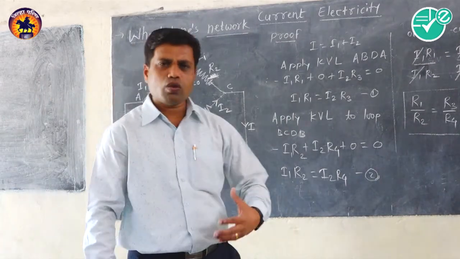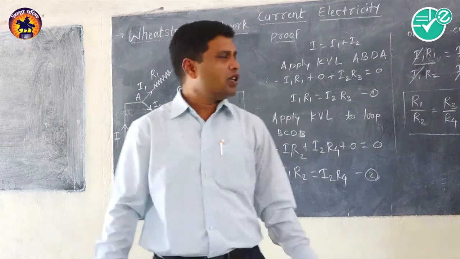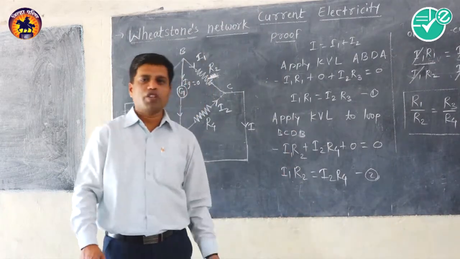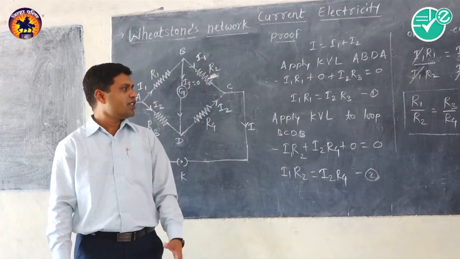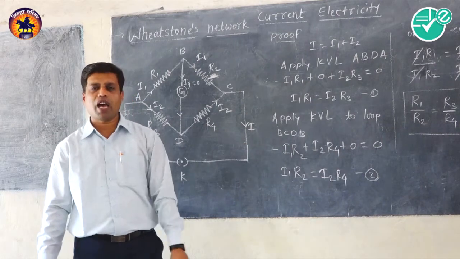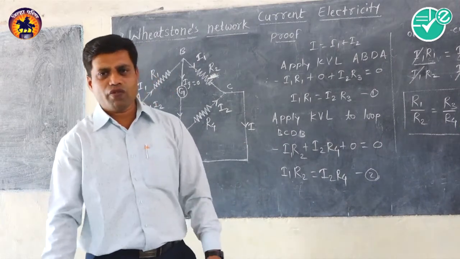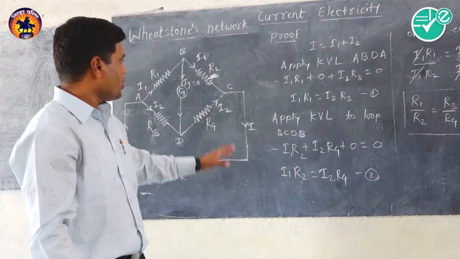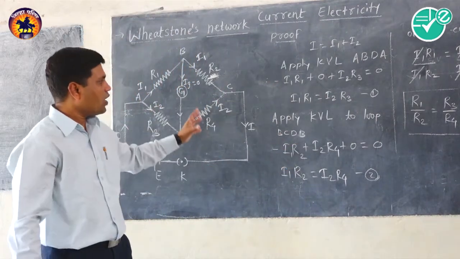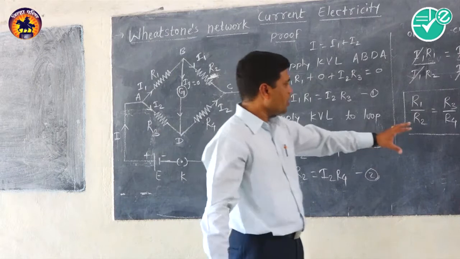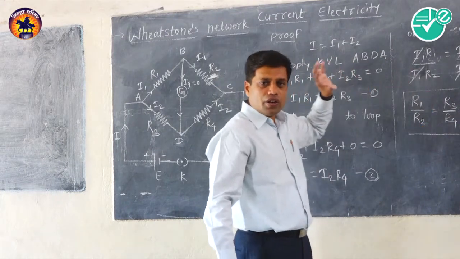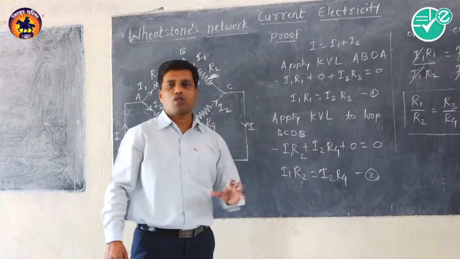Now there is also another alternative method to achieve the proof of this condition, that is R1 upon R2 equals R3 by R4 in the case of Wheatstone's network. This proof, this final answer, I have obtained with the help of Kirchhoff's voltage law.